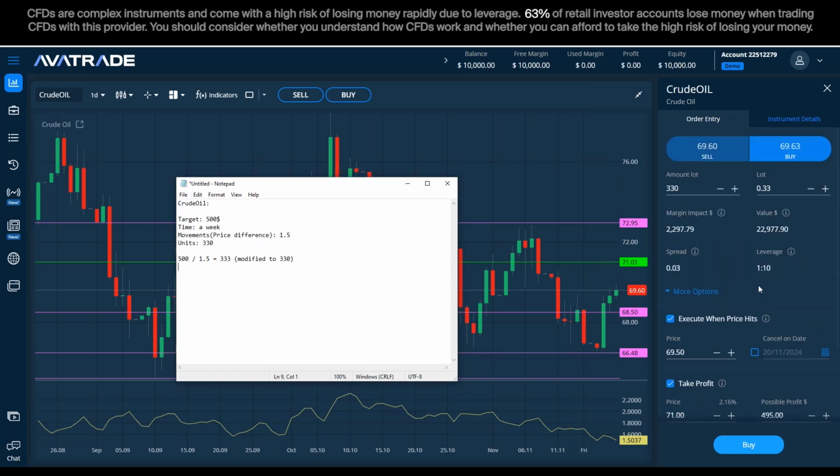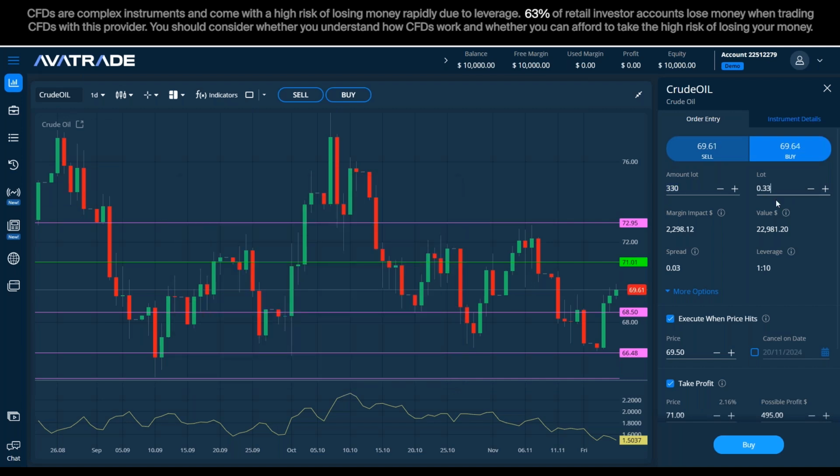Okay, and now let's confirm that we can indeed take this position. We have the price per unit, which is 69.6. We have the amount of units, which is 330, equals value. Value 22,981. I didn't do it in my head, I'm just looking at where it says value, and in the value we're going to find price per unit times the amount of units.